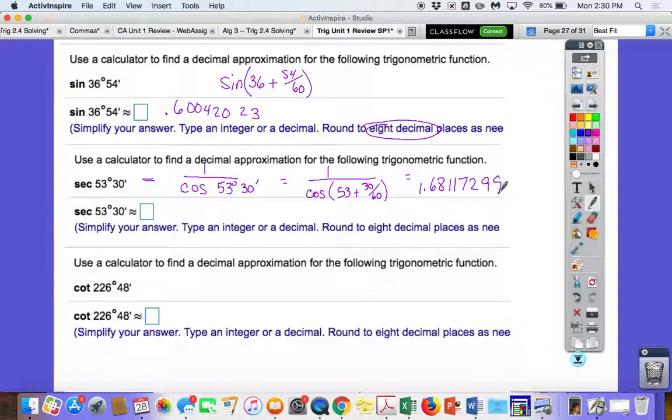Okay, then I have cotangent. Well, I don't need cotangent. I need tangent. So 1 over tangent of the same angle is equivalent. But I need to type it as 1 over tangent 226 plus 48 over 60. So here we go. 1 divided by tangent 226 plus 48 divided by 60.